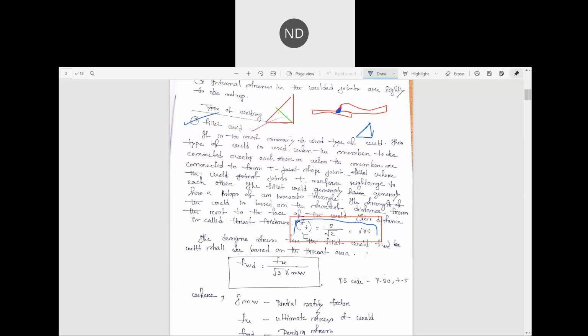So this distance is given by s by root 2, that is nothing but 0.7 s. Because 1 by root 2 is 0.7. So directly you can calculate your throat thickness as s by root 2, or you can directly multiply s with 0.7.